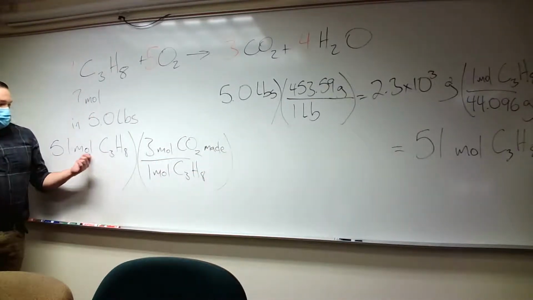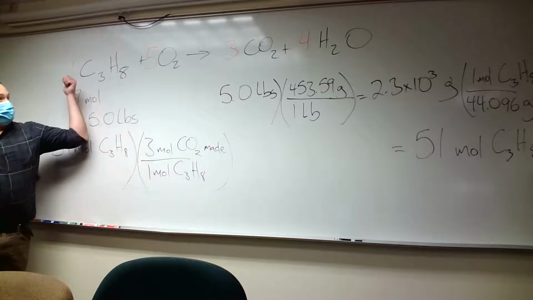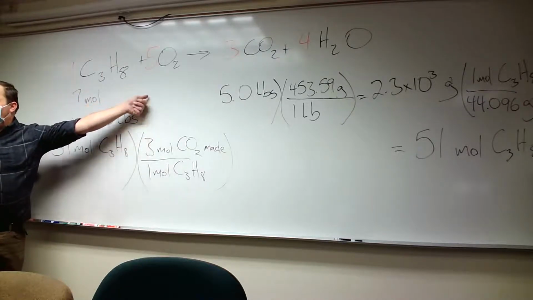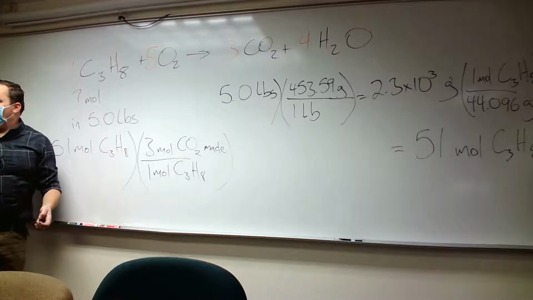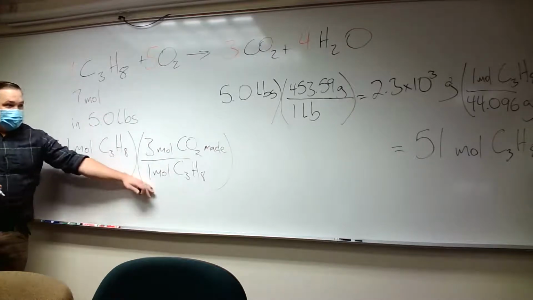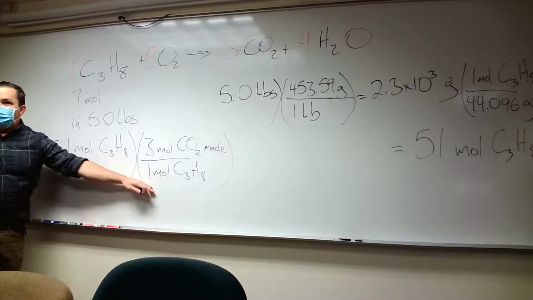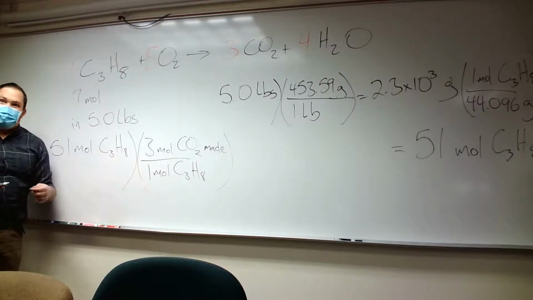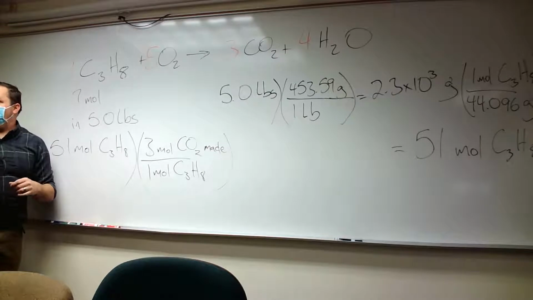Like I said, by looking at the coefficients, 1 to 3, you might say, oh, I'm just going to multiply by 3. But you're going to want to show your work because it's not always going to be nice, neat numbers like that. They'll always be whole numbers at least, which is nice.